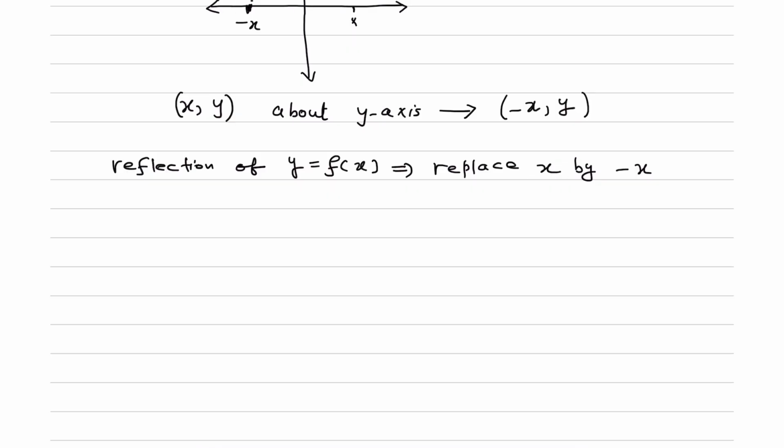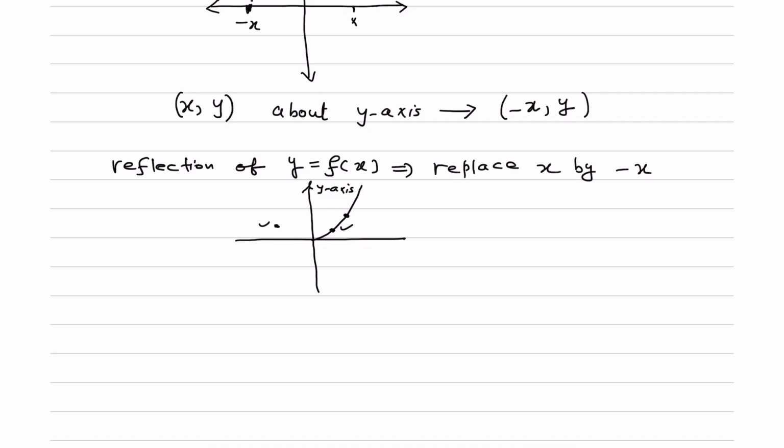Let's have a look at the graph. So let's say we have this curve and we want to reflect it about y-axis. Let's say if a point is here, its reflection about y-axis will be here. Means the height will remain same, but this point will move on the other side of y, which is here.